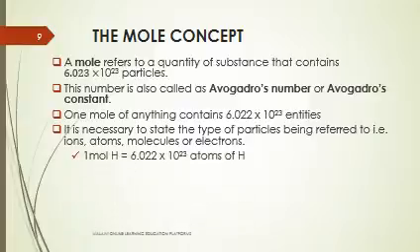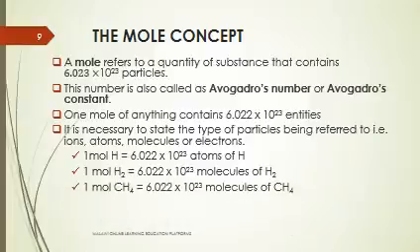For example, when we say 1 mole of hydrogen, it means that in that 1 mole there are about 6.022 times 10 to the power 23 atoms of hydrogen. Likewise, when we say 1 mole of methane, it means 6.022 times 10 to the power 23 molecules of methane.